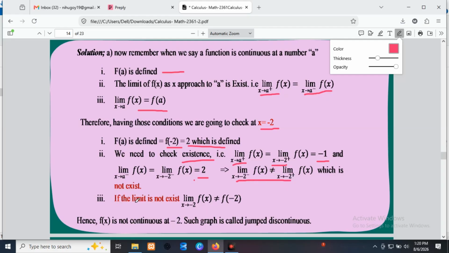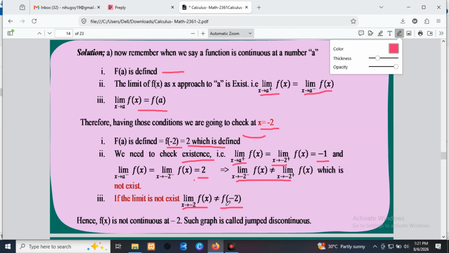Third criterion: if the limit does not exist, the limit and the functional value are automatically different. The function is defined, but the limit does not exist.